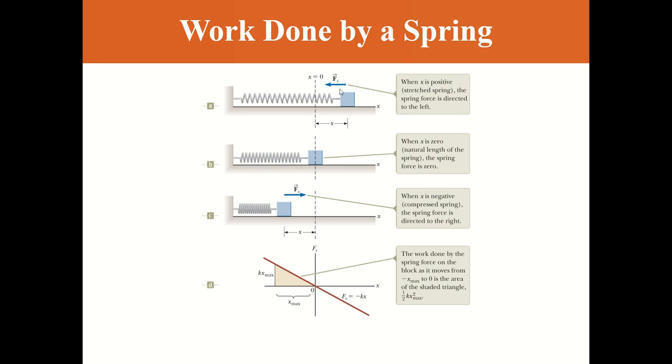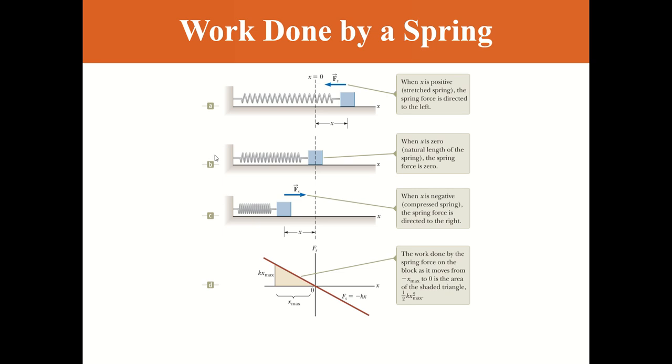In panel A, the block is being pulled in the positive X direction. That's how much the spring stretches. The spring stretches a distance X relative to what's called its equilibrium or unstretched position, also sometimes called the natural length of the spring.